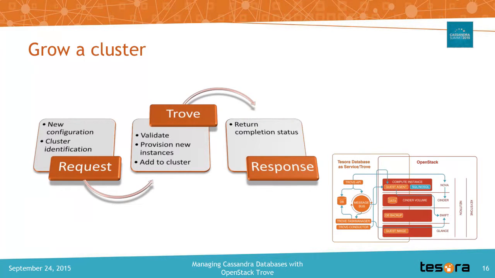And I'm sure they're going to be different from the operations you'd have to do on Cassandra. So Trove will take care of that for you. It'll provision the new instances, and it'll add it to the cluster in some mechanism which is appropriate for the database in question. All you need to do is say, this is the new cluster configuration. The actual magic under the covers, taken care of for you. Okay?